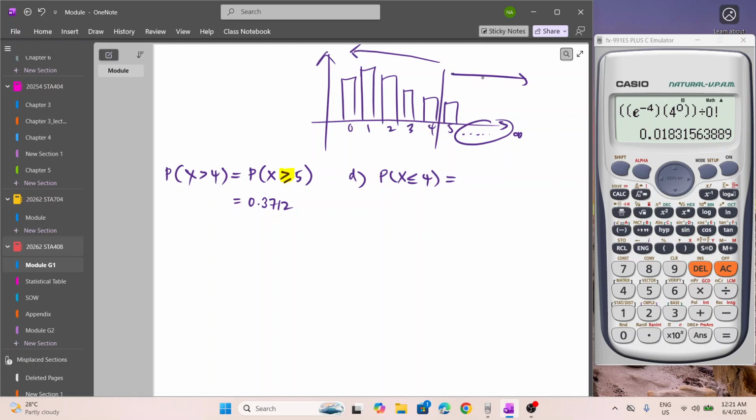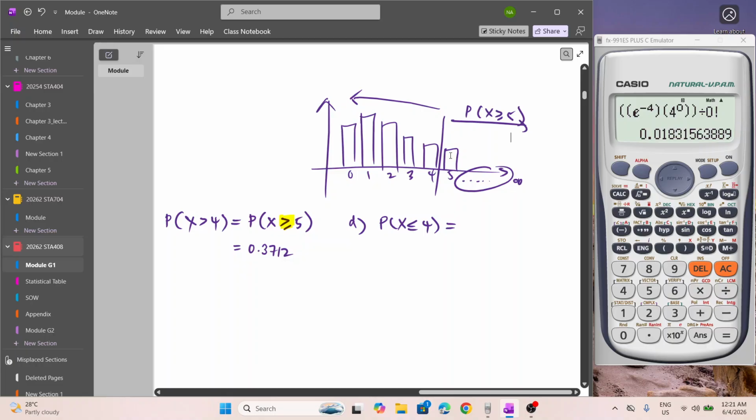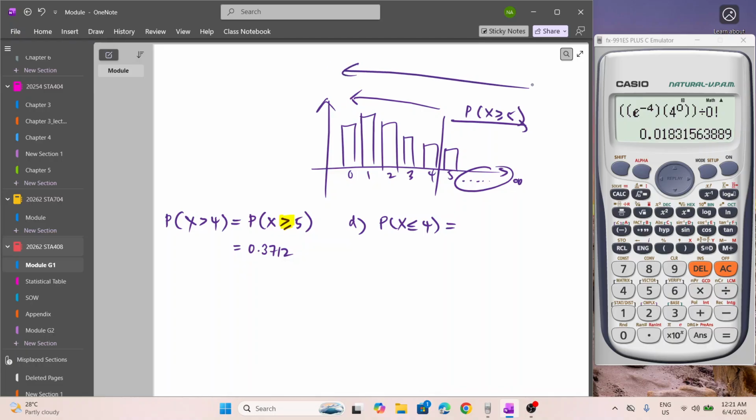What you need to do is remove everything from here. We have also discussed that everything here is equal to 1. So to get the probability of X less than or equal to 4, it is basically 1 minus the probability of X greater than or equal to 5.